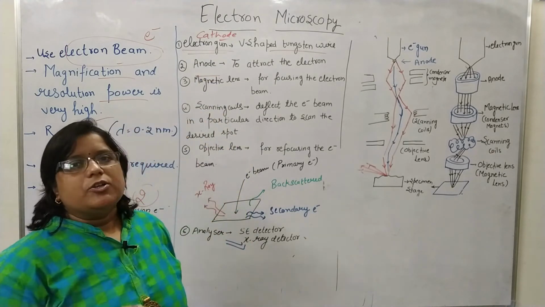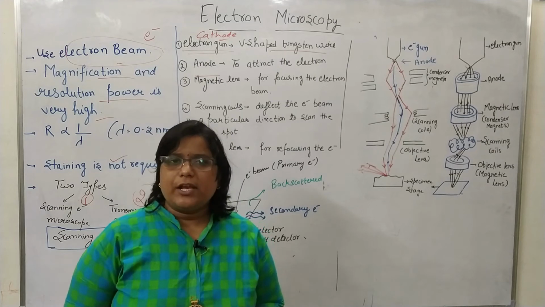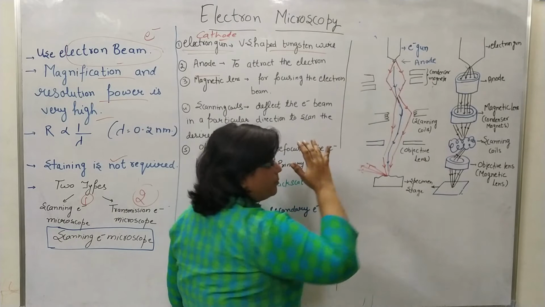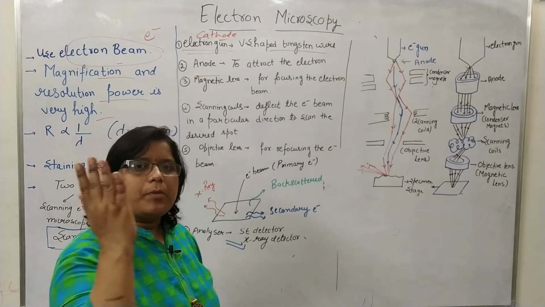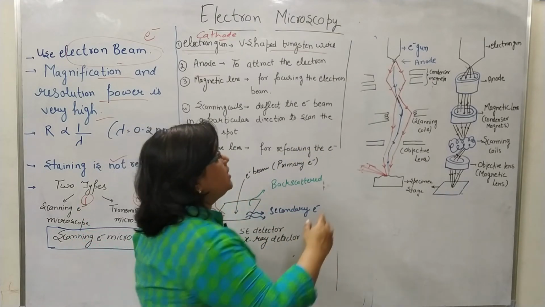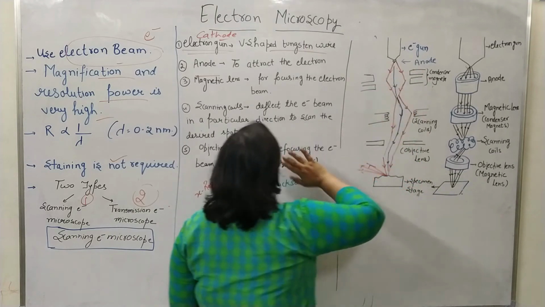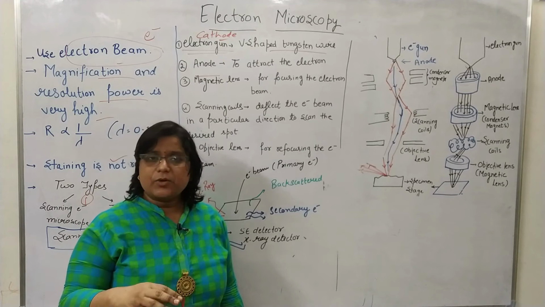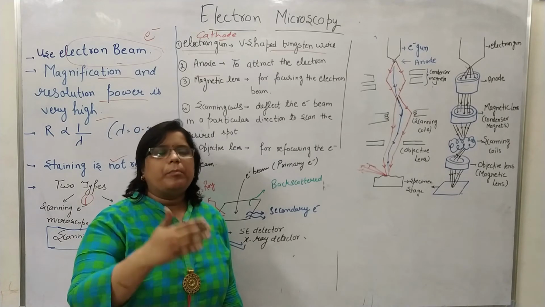To give a proper direction to the electrons, we want one positive grid or positive pole. Here the anode works like that. The anode will attract these electrons and give a proper ray form.